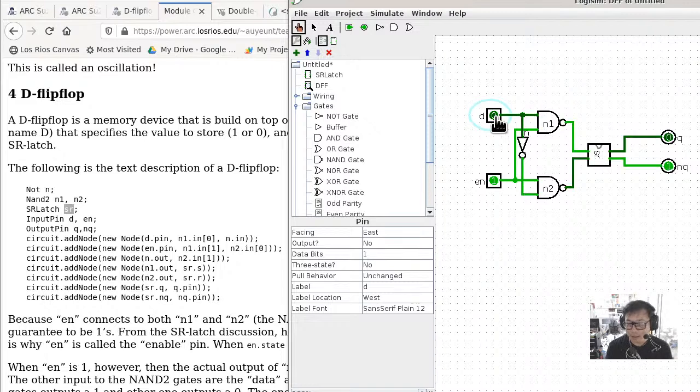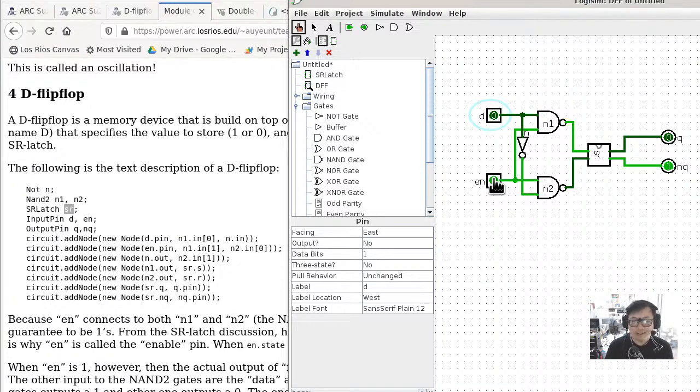Because that's the data to be remembered, and the enable says, should I remember? So this is called a D flip-flop. A D flip-flop resembles what we know as memory in a computer a little bit better compared to an SR latch, because D is specifying what we want a D flip-flop to remember, and then En is telling the D flip-flop whether it should remember or not.